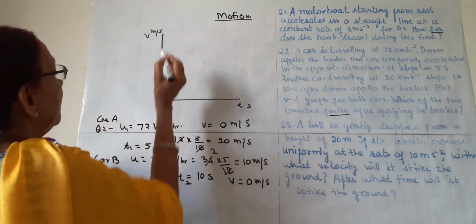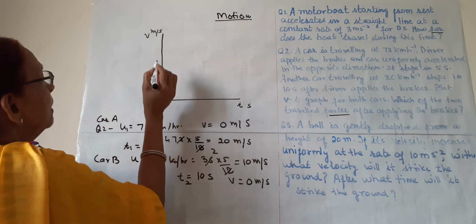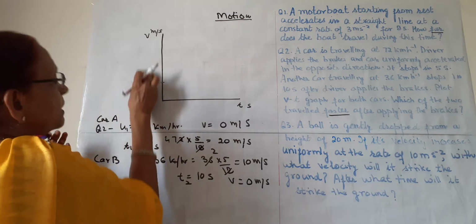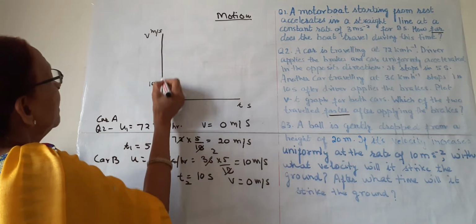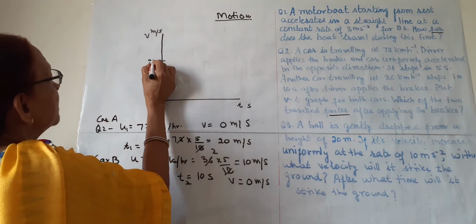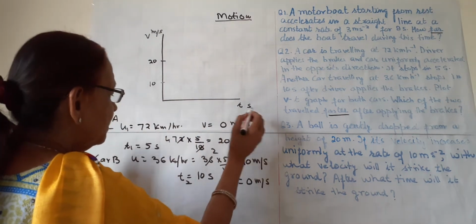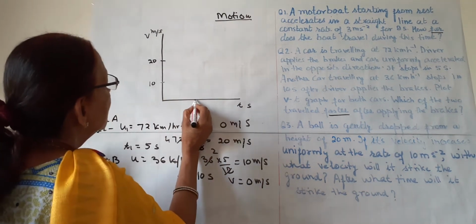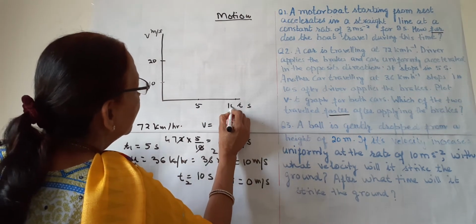Suppose this is 10 meter per second and this is 20 meter per second, and on this axis, suppose this is 5 and this is 10 seconds.